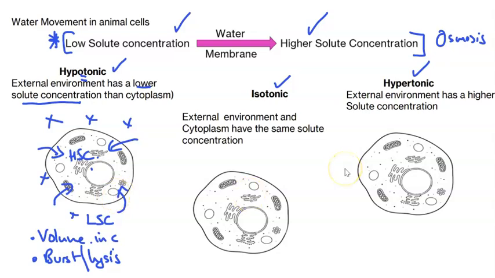Let's go to the opposite extreme, which is a hypertonic solution. This would mean that the external environment has a higher solute concentration. So the words hypo, iso, and hyper refer to the fluid round about the cell. So we have a high solute concentration here, relatively speaking a low solute concentration here, and our prediction suggests that the water will leave.